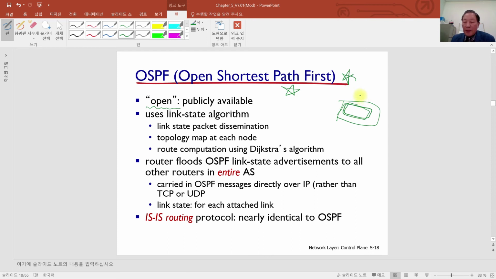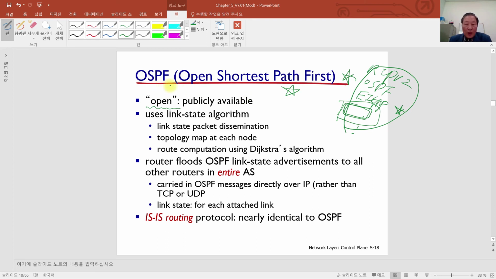For a Cisco router, EIGRP will be used, and also OSPF, the worldwide standard, and RIP version 2. Those are available, and the network manager can use them following their company's policy in terms of network management.